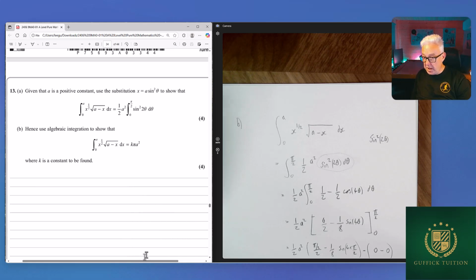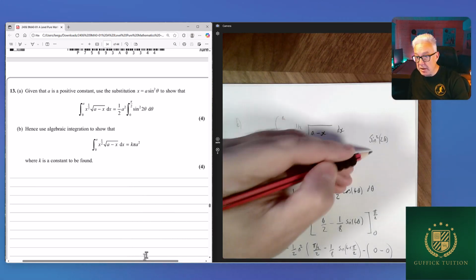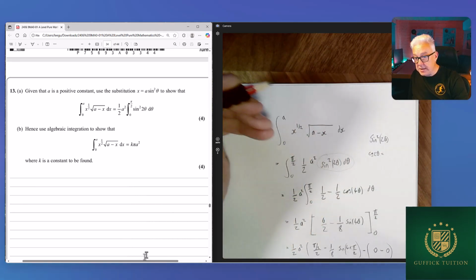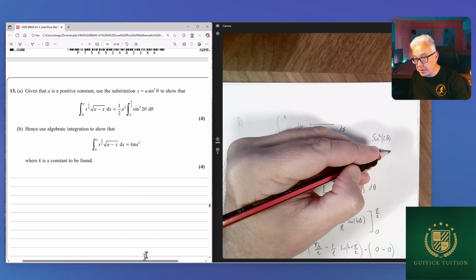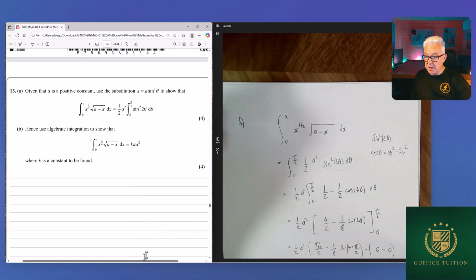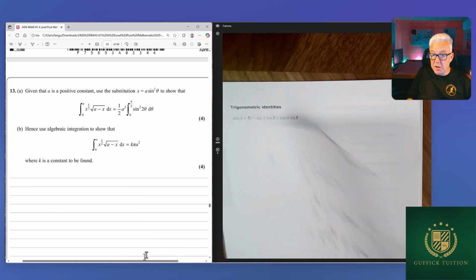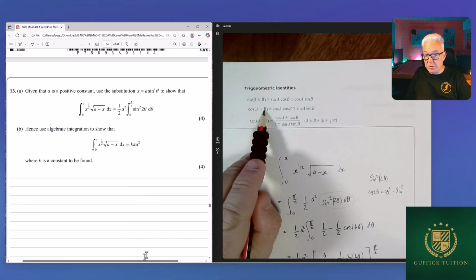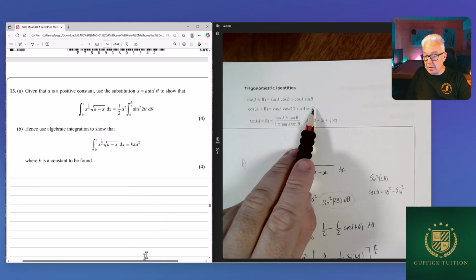The alternative approach is we use the identity that cos 2 theta is equal to cos squared minus sine squared. So you would just go to the formula booklet, look at your cos, and say cos 2 theta is cos squared minus sine squared.